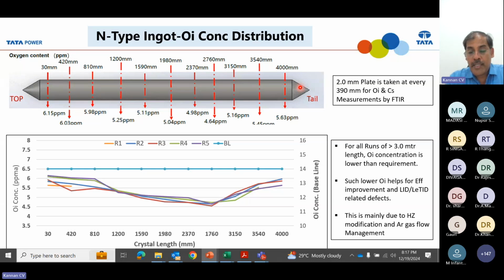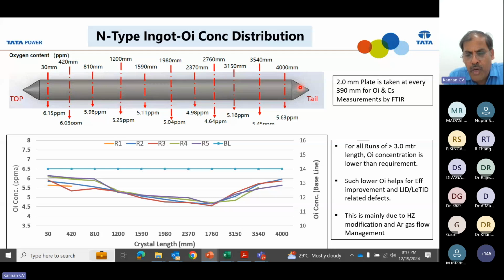So, as I said, we need the oxygen concentration as low as possible. Because if there is more oxygen concentration in the crystal ingot, the sliced wafer will also have more oxygen. More oxygen means there is a chance of LID, light induced degradation.